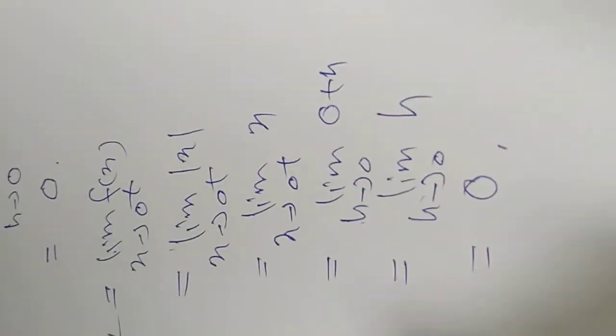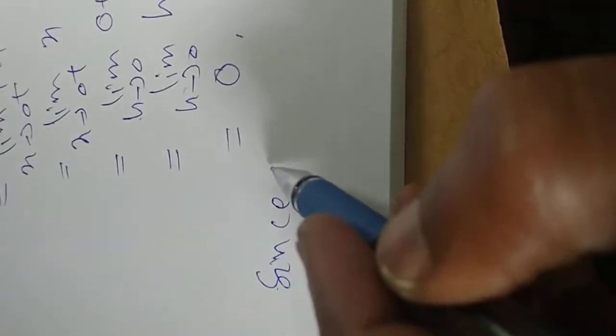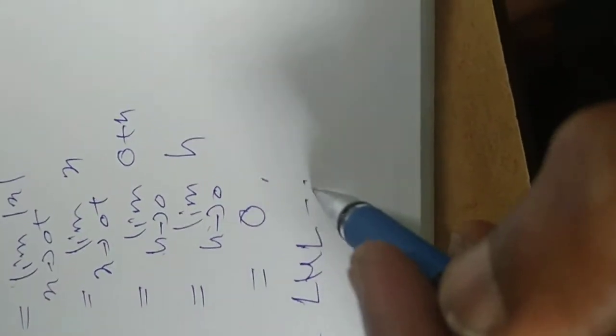Here, since LHL is equal to RHL is equal to the value of the function, which is 0.